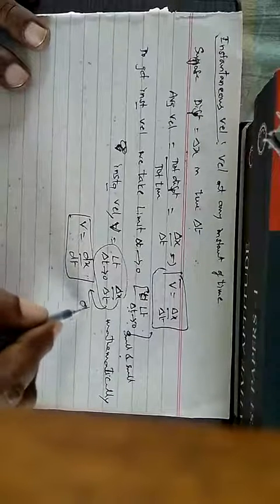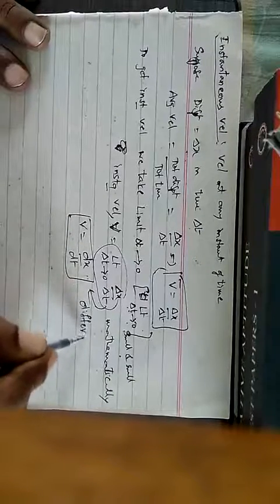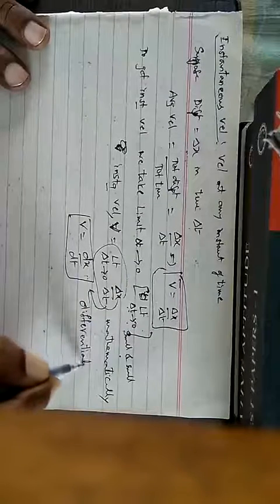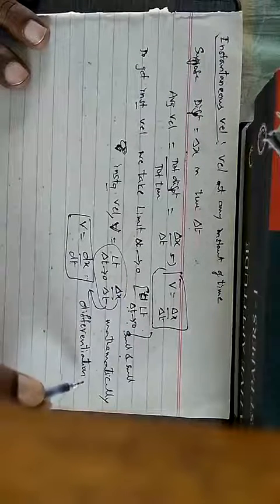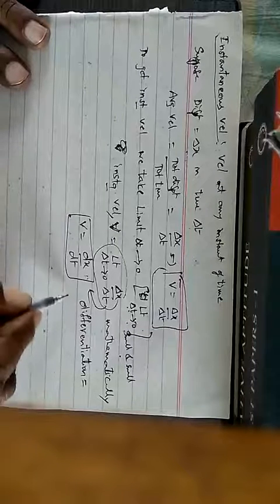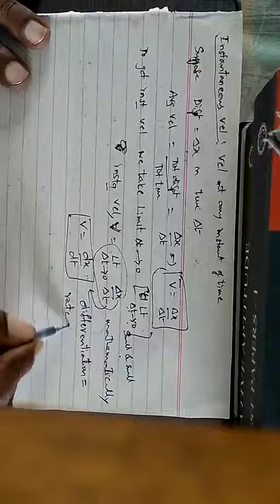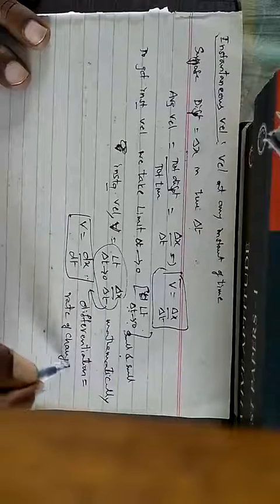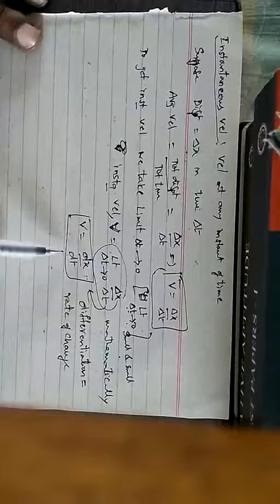What is dx by dt? dx by dt is called differentiation. Remember, it is called differentiation. What is the meaning of differentiation? Differentiation means rate of change of, that is the meaning. Here dx by dt is there.